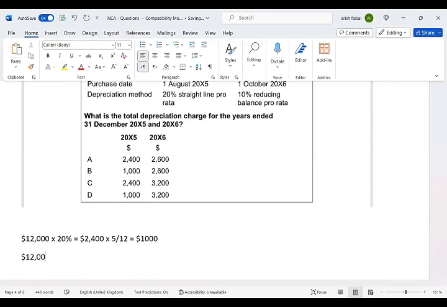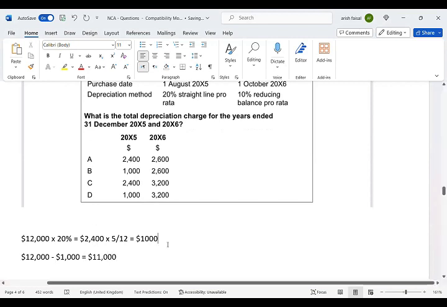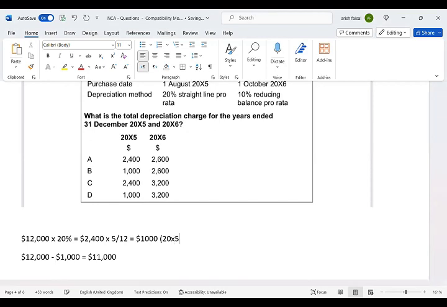So by the end of the first year, the net book value of this asset will be 11,000. And likewise, from the next year onwards, you can charge a full year depreciation of 2400. So this will be the depreciation you need to charge in 2015 for this first machine. And for the next year, which is 2016, there will be a total depreciation of 2400 charged every year.